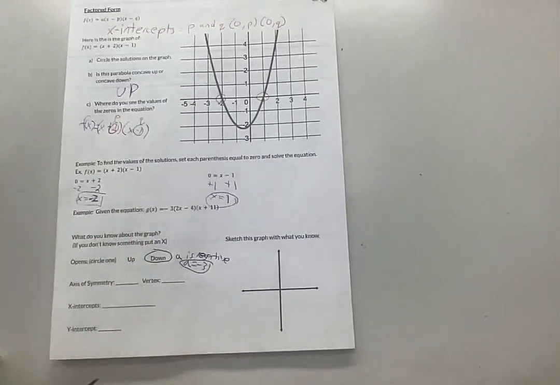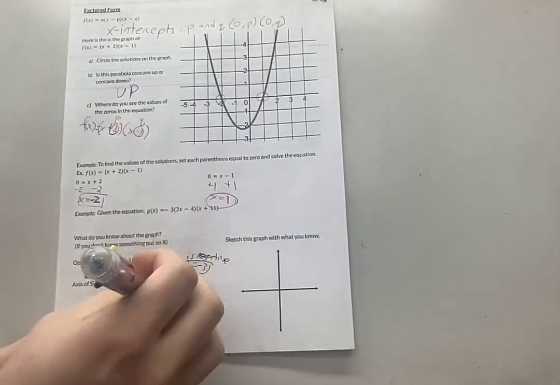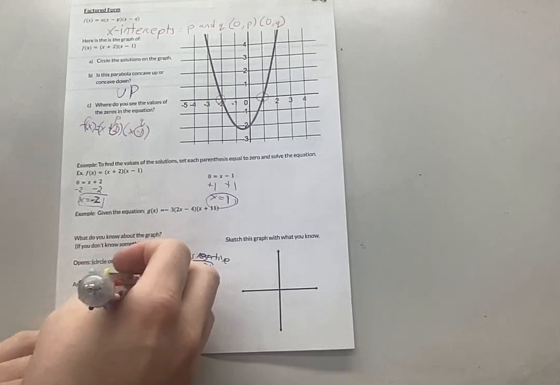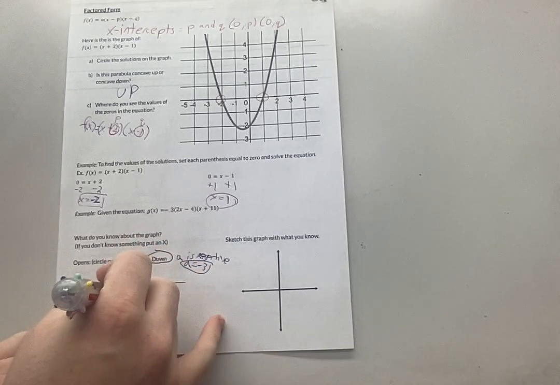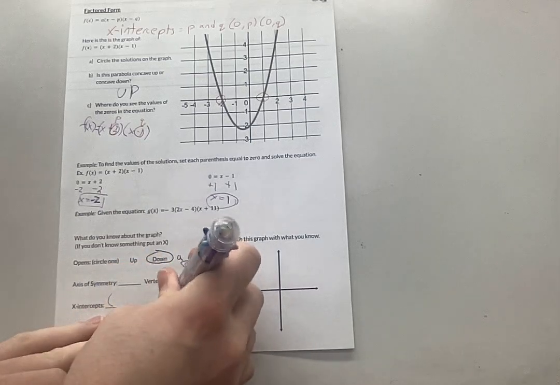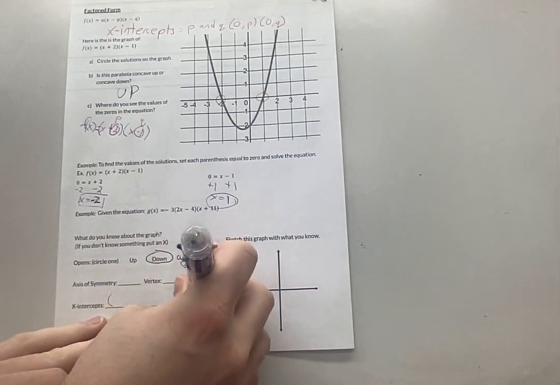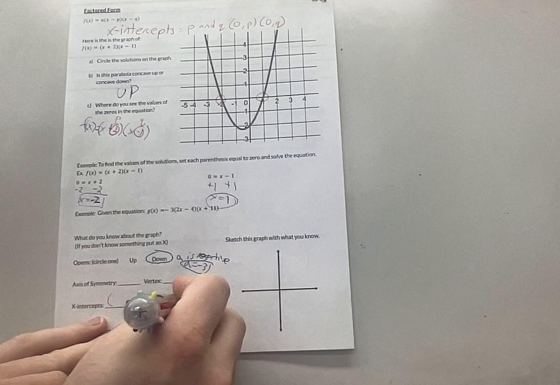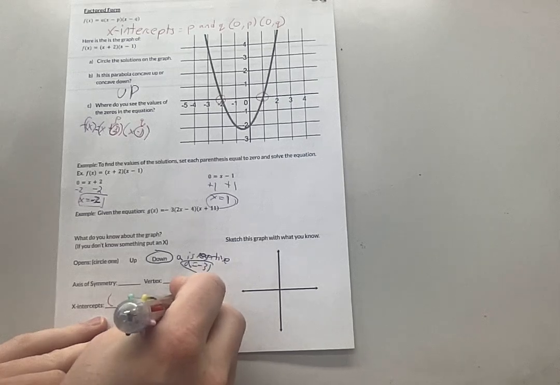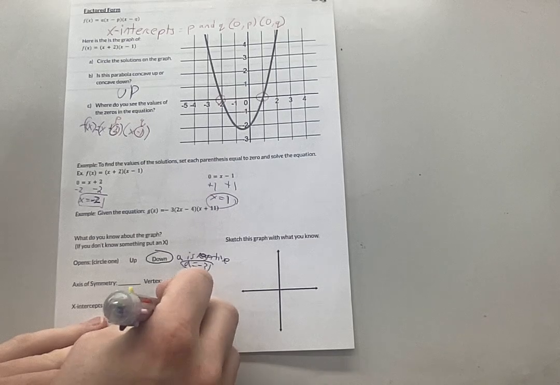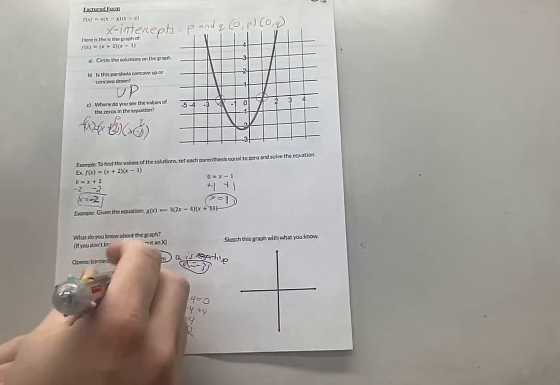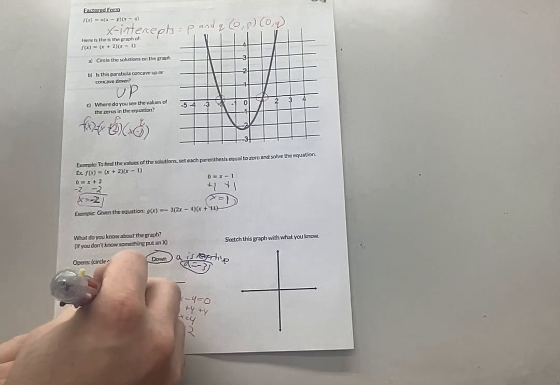So the way we figure out the x-intercepts, we're going to set those parentheses equal to 0. For the first one, we got 2x, and you add 4 to both sides. You get 2x is equal to 4, so x is equal to 2. So one of these x-intercepts is (2, 0).